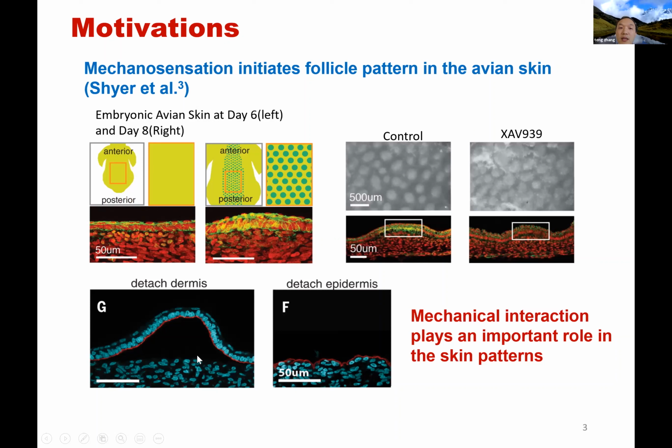What they did is they first intentionally removed the epidermis. Then you can see the surface, that's the dermis and the substrate, and you can see this morphology. They also removed the intermediate layer, the dermis, and in figure G you can see that the outer layer, the epidermis, buckled up.